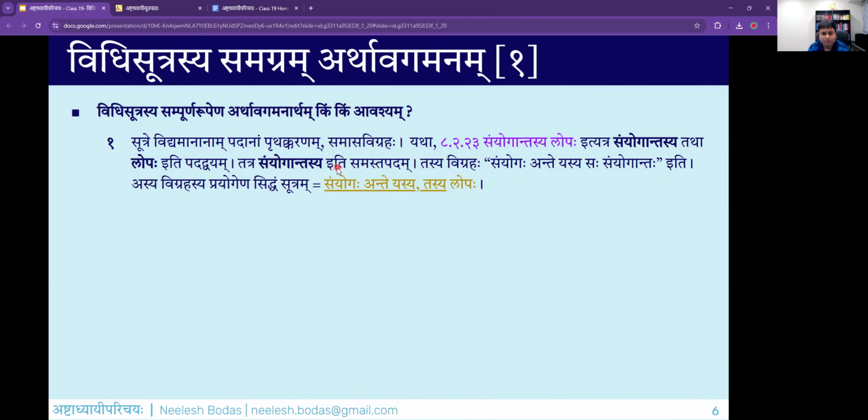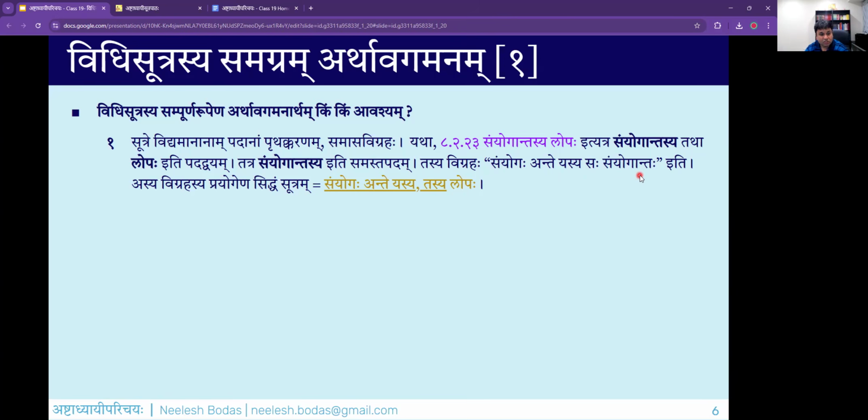So you have to take the help of commentaries anytime you are confused. So over here the generally accepted vigraha is संयोगः अन्ते यस्य सः संयोगान्तः, an entity at the end of which a sanyoga is present is called sanyogantah.